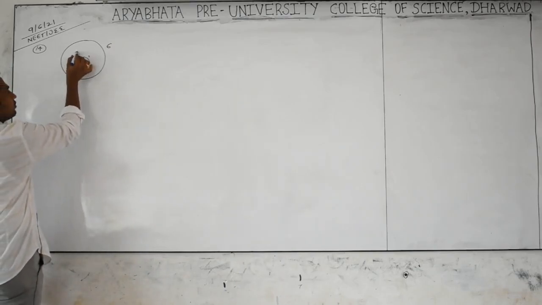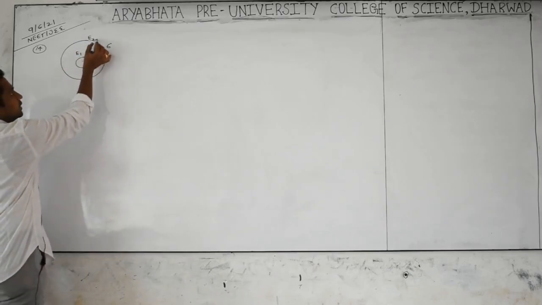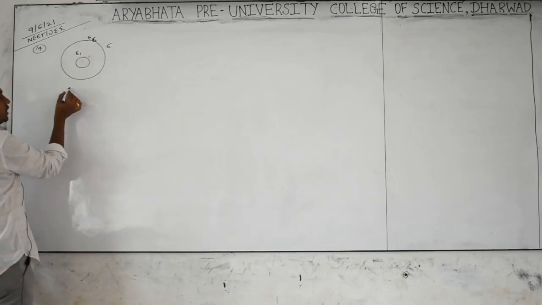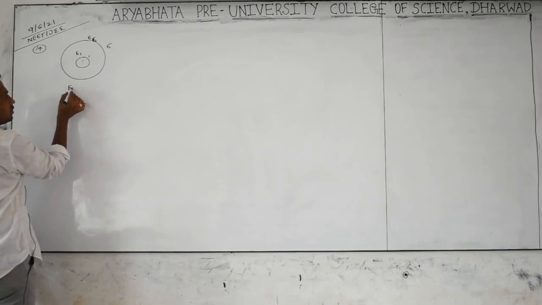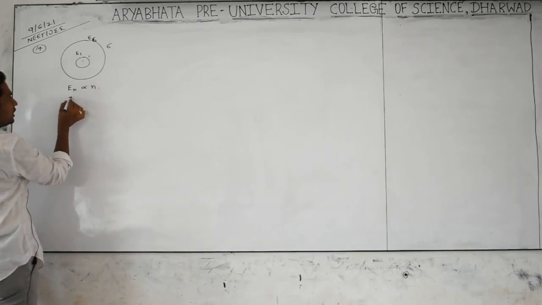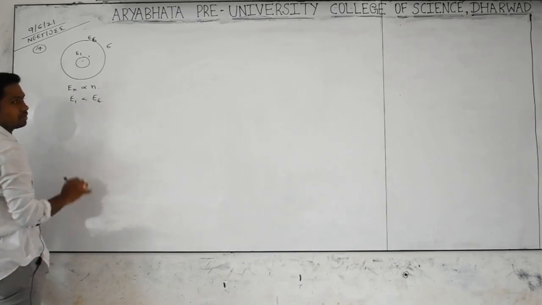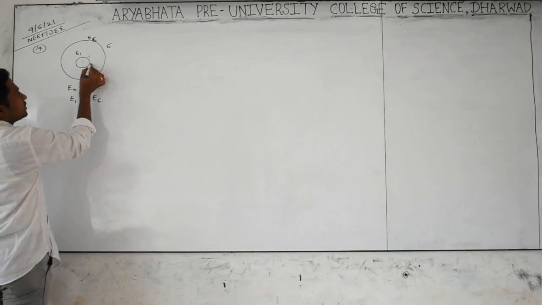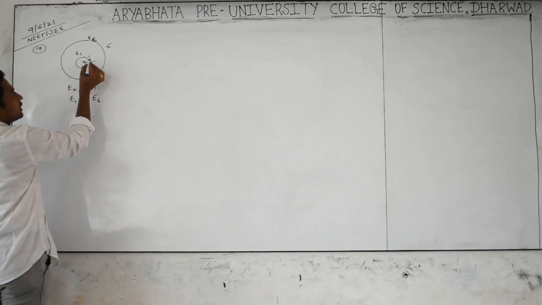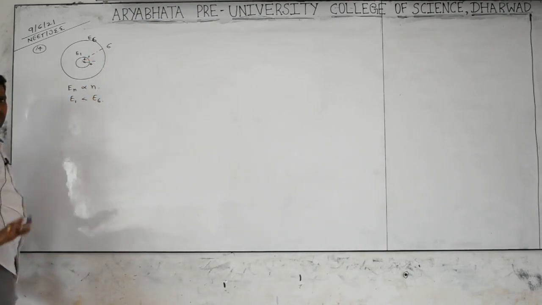Energy of the first orbit is denoted by E1, energy of the sixth orbit is denoted by E6. Generally, energy of the nth orbit is directly proportional to the n value, which means energy of the first orbit is lesser than energy of the 6th orbit. An electron in the first orbit is more strongly attracted than an electron in the 6th orbit. That is the information actually.